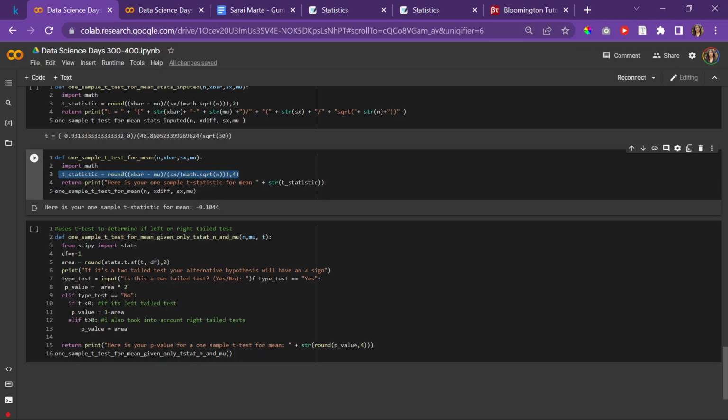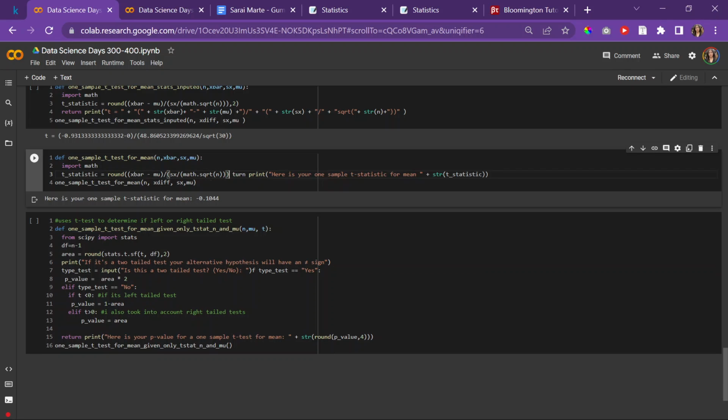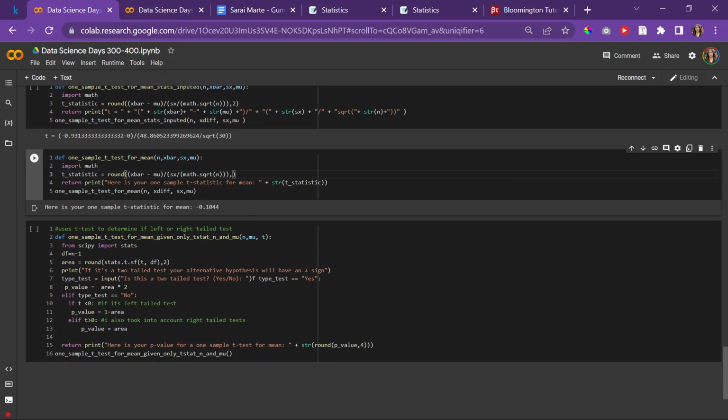Return. When did I round it? Oh, over here. So let's not round it. I'm literally not pressing anything. Let's delete that round so that I could actually get the value.